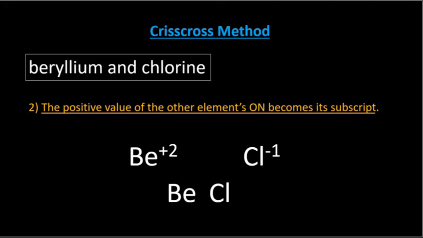Basically, what that means is the -1 from the chlorine becomes a 1 subscript for the beryllium, and the +2 oxidation number for the beryllium becomes the subscript of 2 for the chlorine. Okay, so we see that you have Be1Cl2.